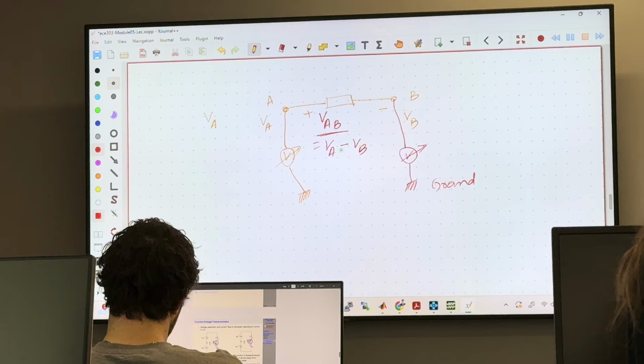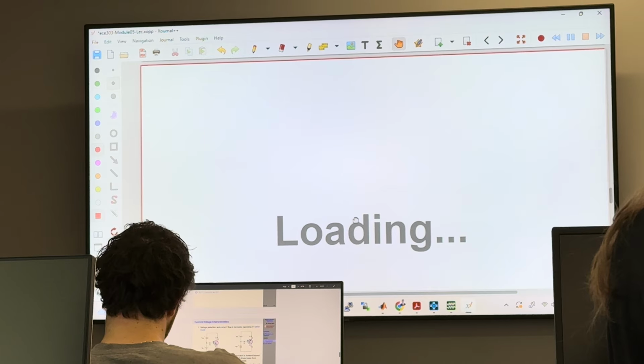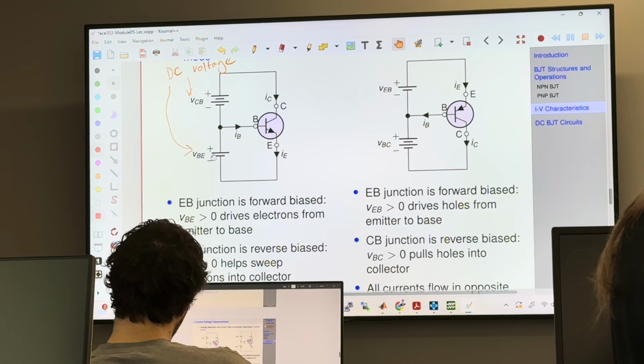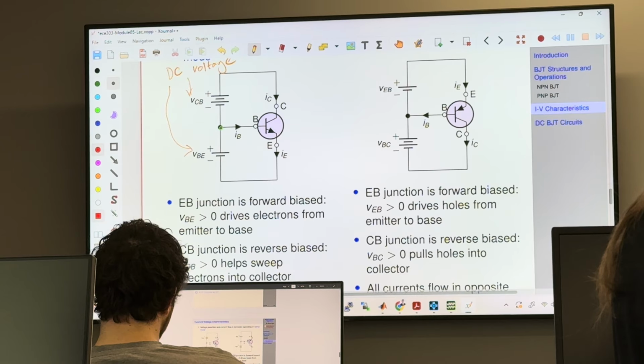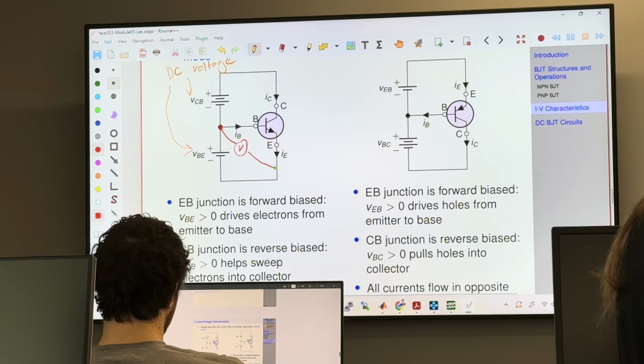And I'm going to use this concept, class, in the coming example. So when I say VBE, it means the voltage between these two terminals.